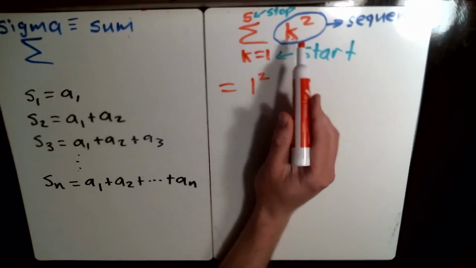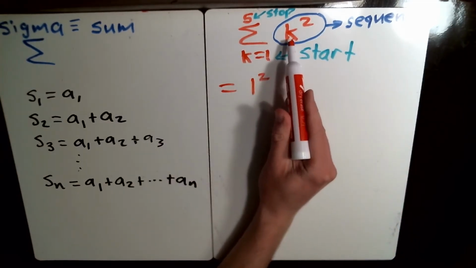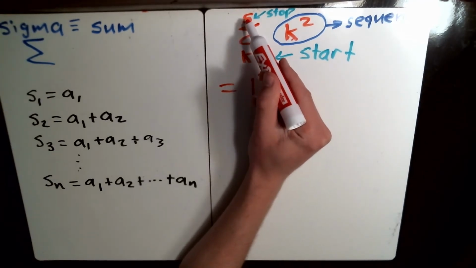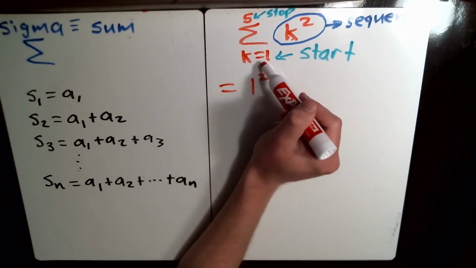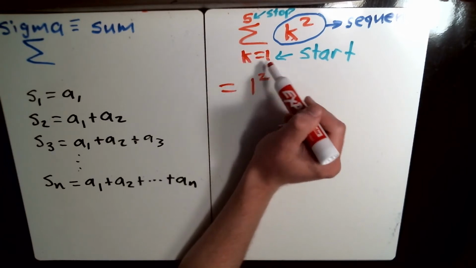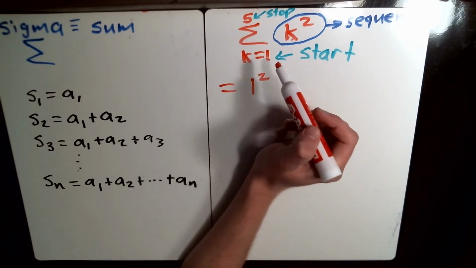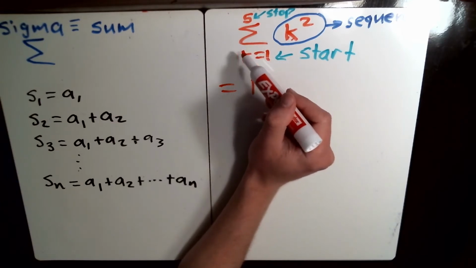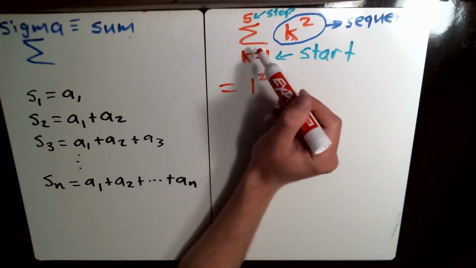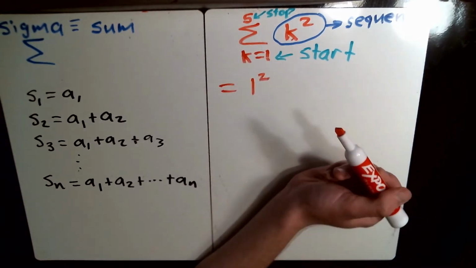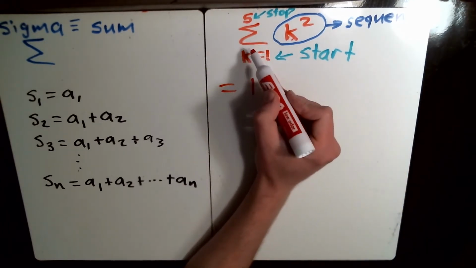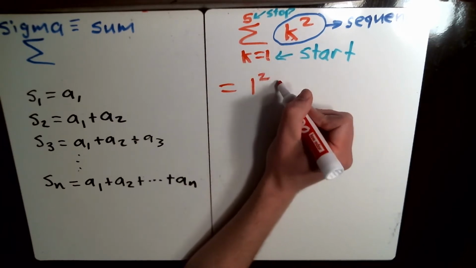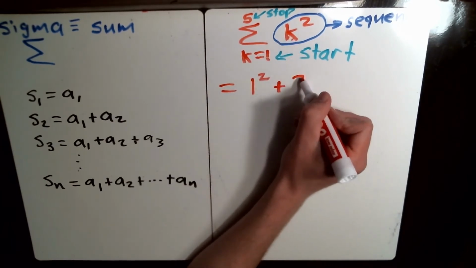You plugged 1 in and you got 1 squared. Now you're not at your stop point yet, which was 5, so you add 1 to k. You get 2, right? That's the next number that you run into after 1. You plug k equals 2 into this formula, so replace k with 2.